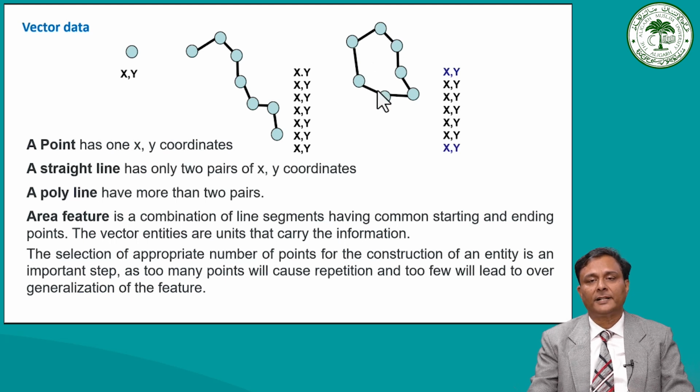So here we need to understand that the selection of an appropriate number of points for the construction of an entity is an important step, as too many points will cause repetition, and if we have too few vertices, it will lead to overgeneralization of the feature.